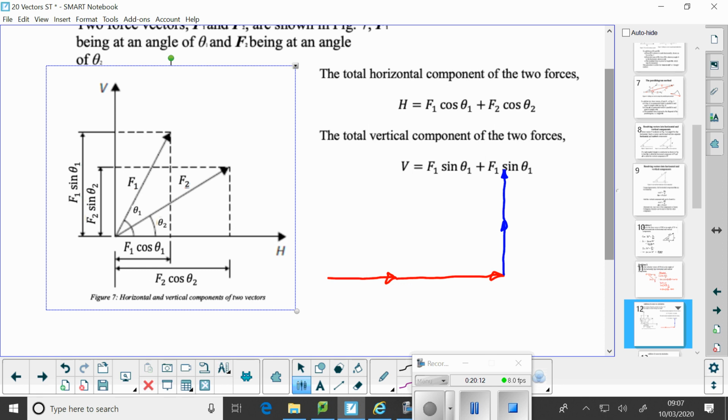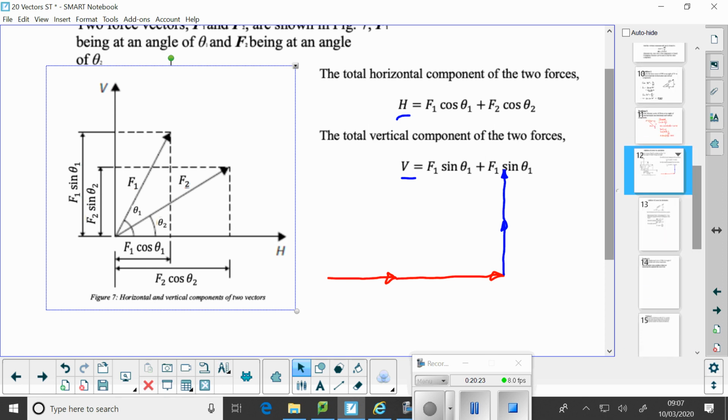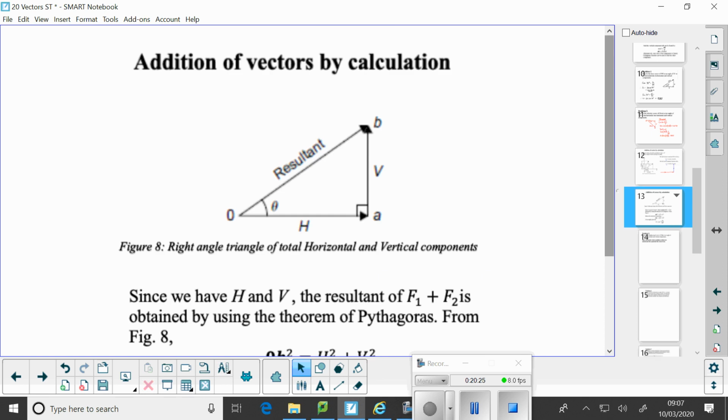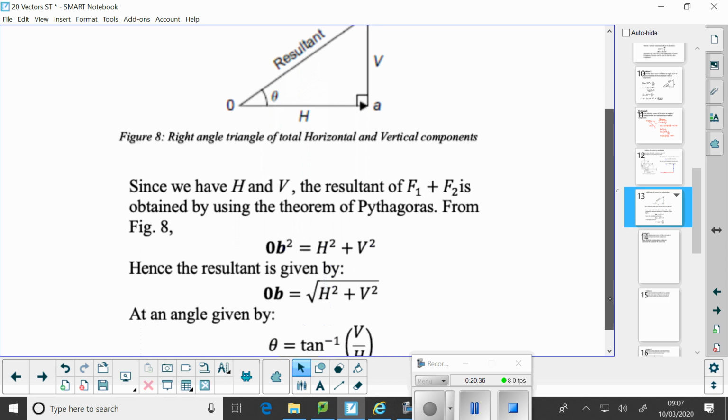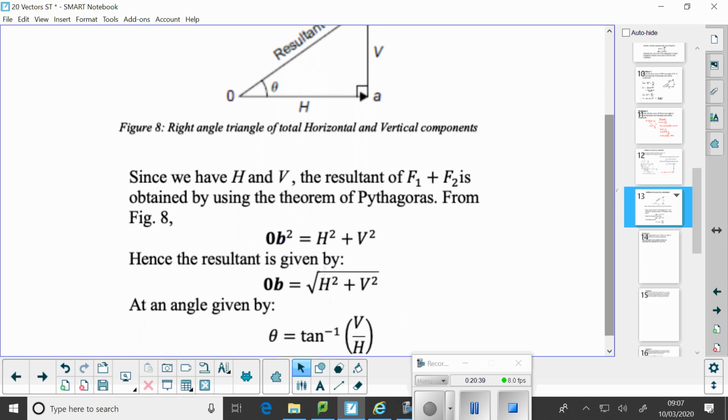So when we've got V and H, capital, what we can do then is draw a right angle triangle using the total horizontal component and the total vertical component, and we've got a resultant and an angle in the corner. Since we have H and V, the result of F1 plus F2 is obtained using Pythagoras' theorem.